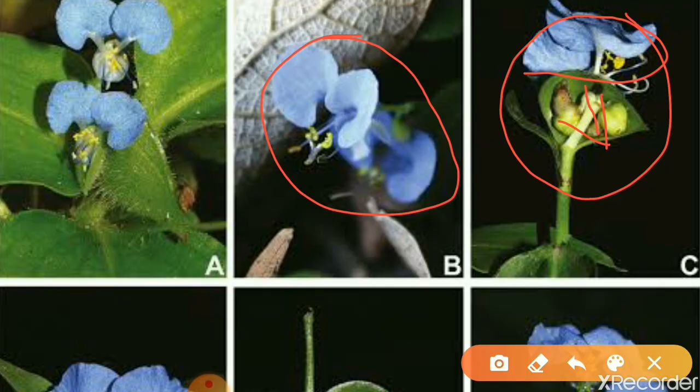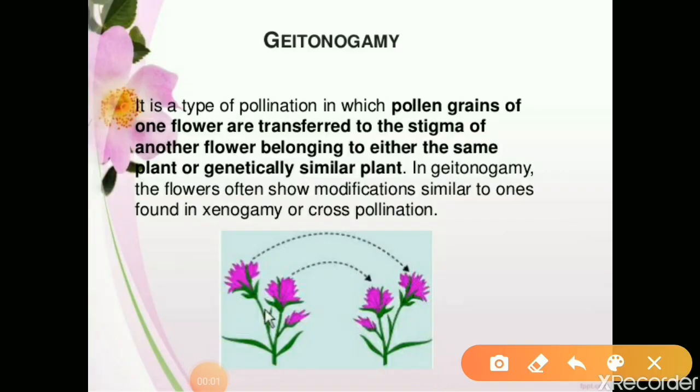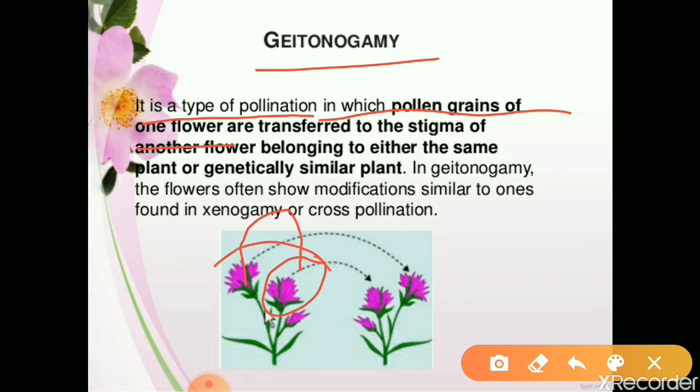Okay. Next we can learn about geitonogamy. Geitonogamy is a type of self-pollination in which pollen grains of one flower are transferred to the stigma of another flower belonging to the same plant or a genetically similar plant. Such a pollination we can call geitonogamy.